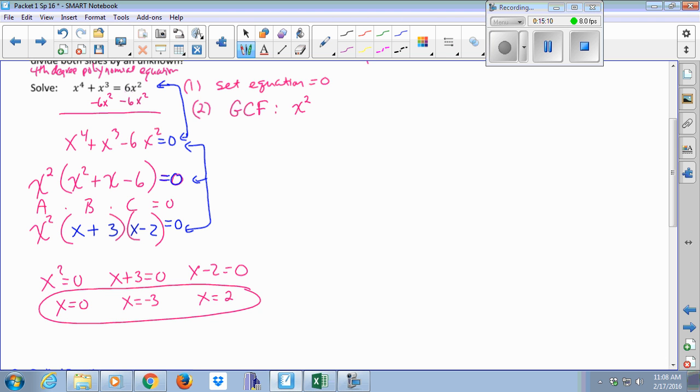Later on, when we cover polynomial functions, you're going to see that we're going to say that it has 4 answers, but we'll get to that. 3 of them distinct. So again, GCF, and then factor, factor, factor. Set up, keeping everything equal to 0. And then you set each factor equal to 0.